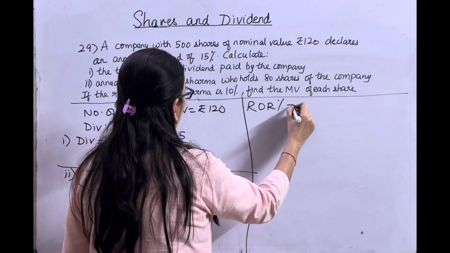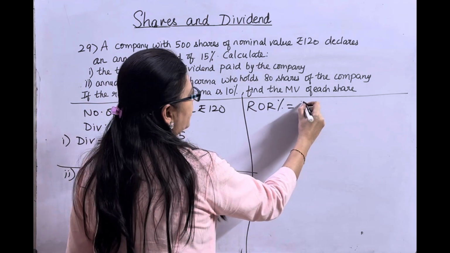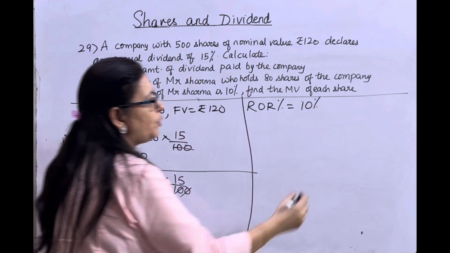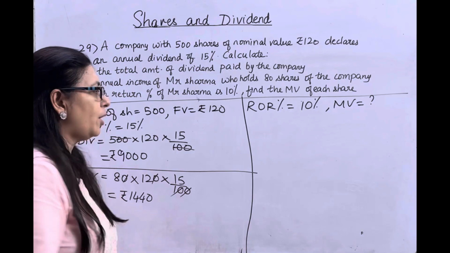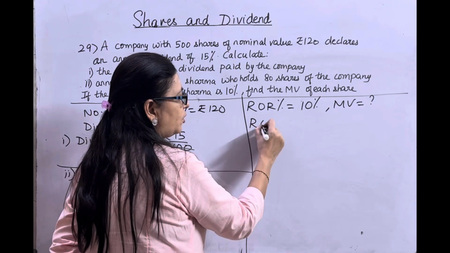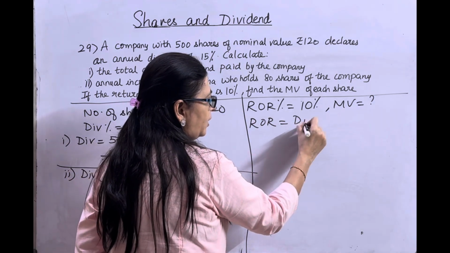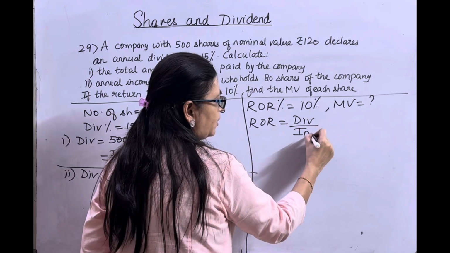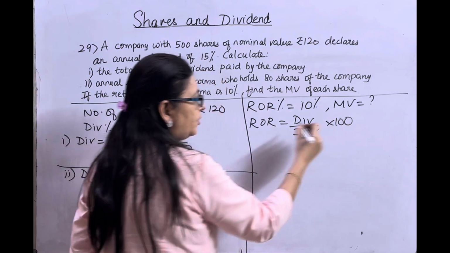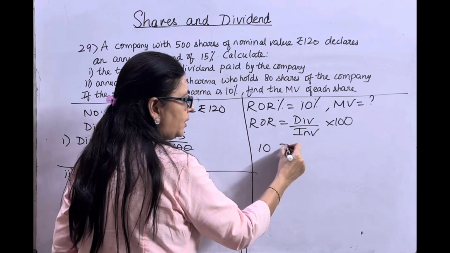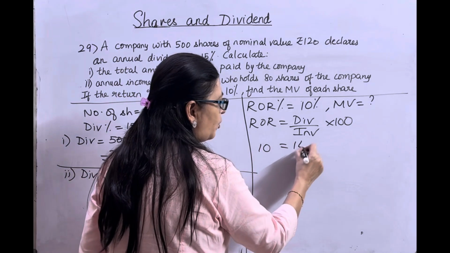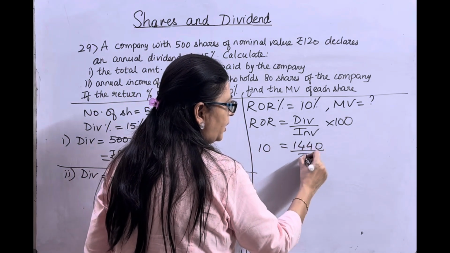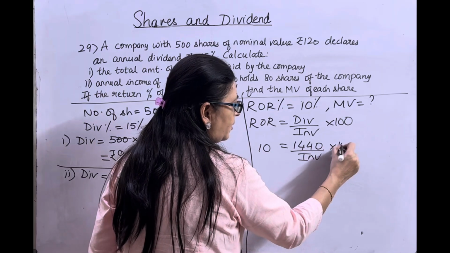Okay. Now if the return percent, so return percent means ROR, is given as 10%. You have to find the market value of each share. Okay. What is the formula to find the return on investment? It is dividend upon investment times 100. Return on investment is 10%. What is the dividend that you got for 80 shares? It is 1440 upon investment times 100.